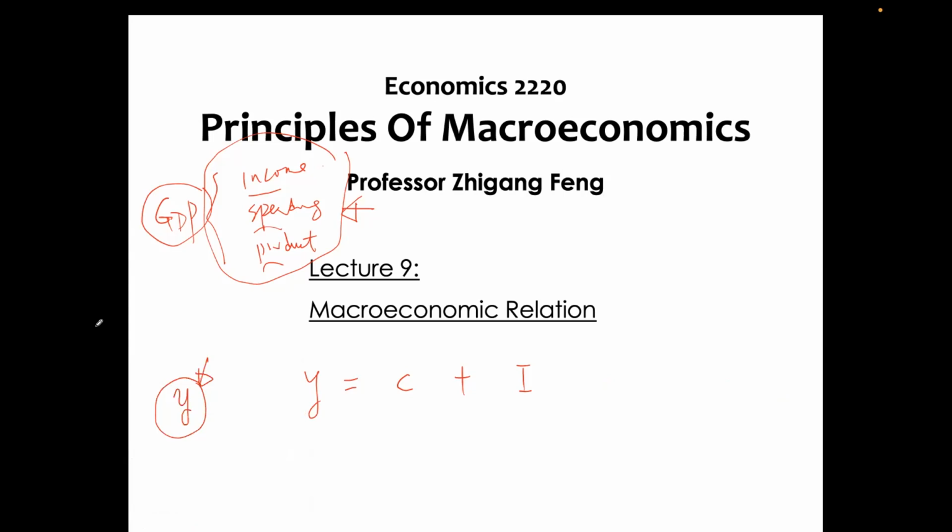But this is not enough, because this equation only tells you that you can look at GDP by looking at expenditure. The key is that we are going to write C as a function of Y, and I as a function of Y. Before I explain why we write it this way and what this means to us, let me ask you a question.